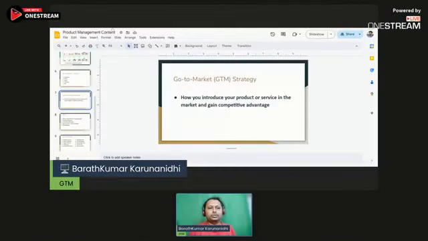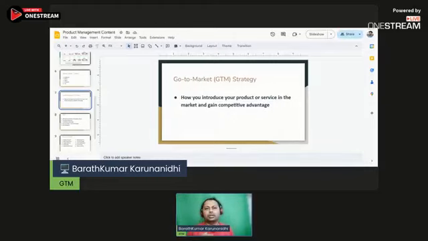So GTM is nothing but how do you launch a product into the market, right? So you have come up with a product, you have defined it, you have worked on it for a long time, and your product is finally ready. And how do you take this product to the market? Be it a product or a service that you offer to the end user, the customers.